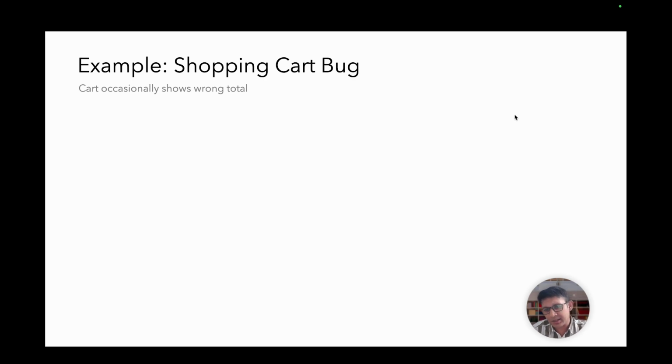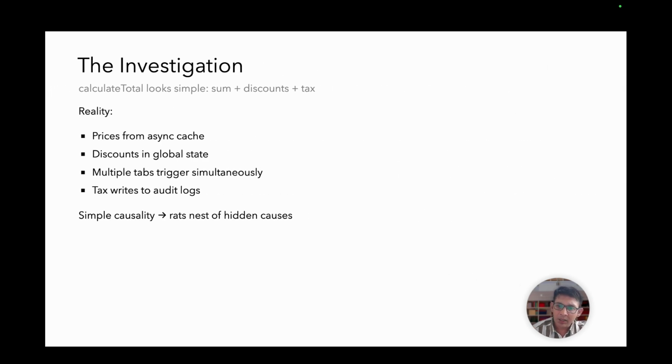Now let's look at an example, a bug report, where a shopping cart occasionally shows the wrong total. You go ahead and find the calculate total method. It looks simple. Sum prices, apply discounts, and add tax. But the prices come from a cache updated asynchronously. The discounts are in a global state modified by multiple services.